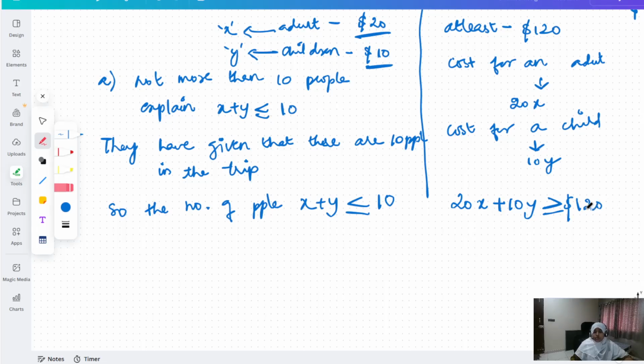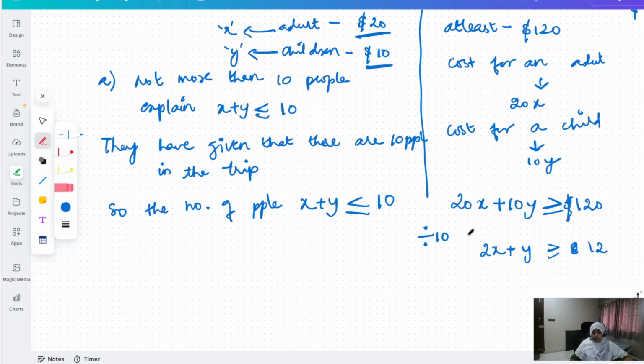All right, so now what can we do with this equation? You can see some zeros in the trailing part, so we'll just divide this by 10. What you will get is 2x plus y is greater than or equal to 12. We need not write the dollar symbol in the equation.